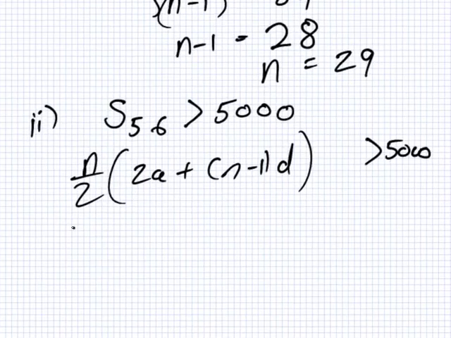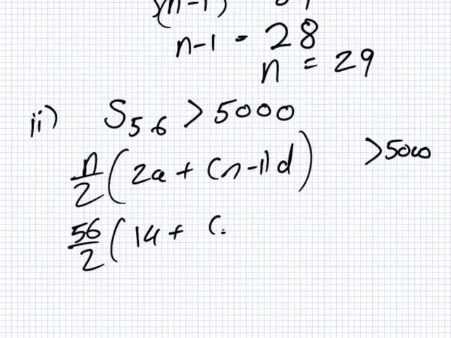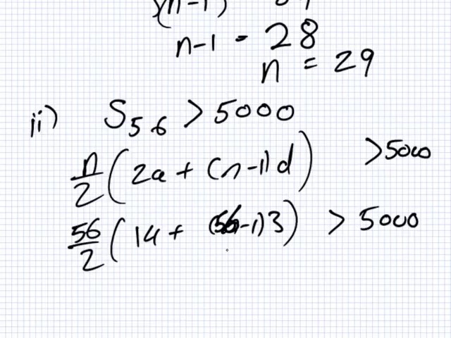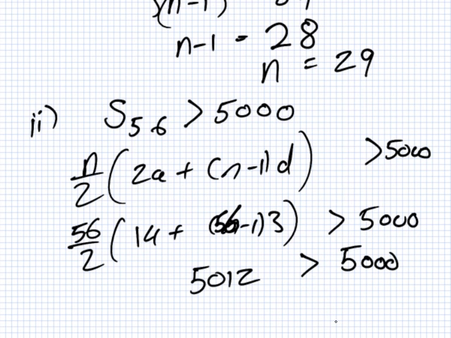So that's 56 over 2, 14 plus n minus 1 times 3 is bigger than... oh sorry, not n, what's n? 56. So, that's it. It's proved. Next.